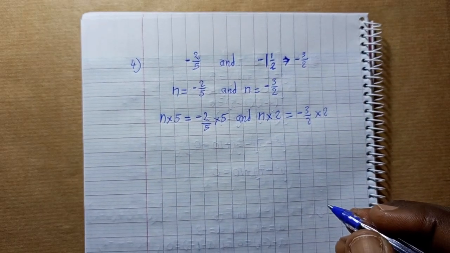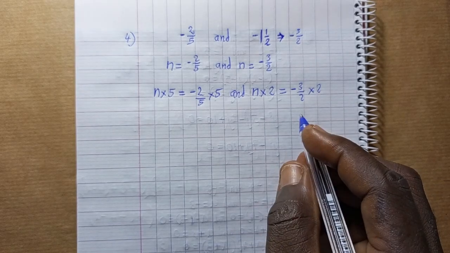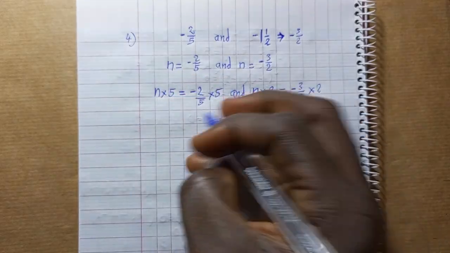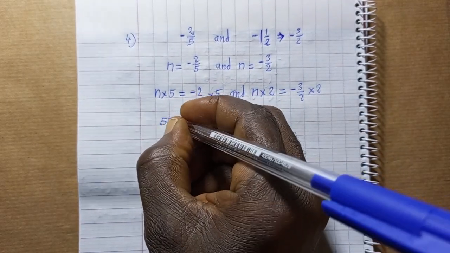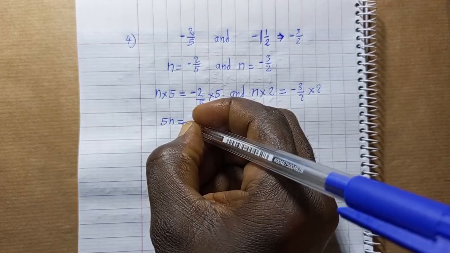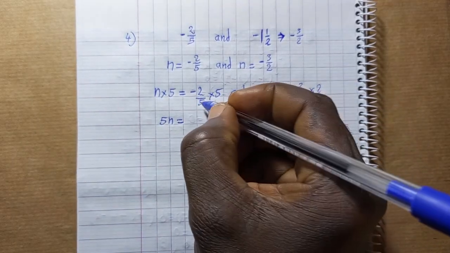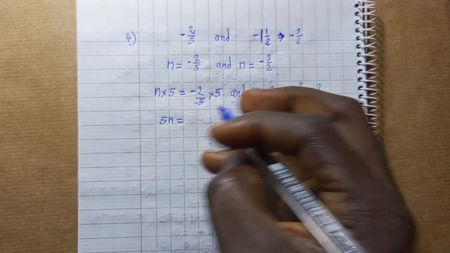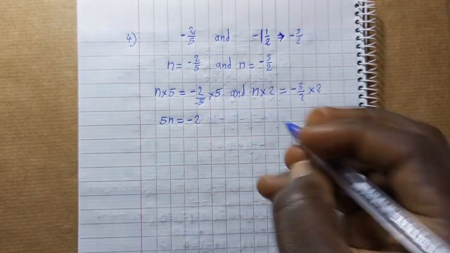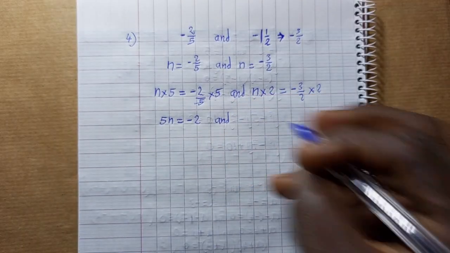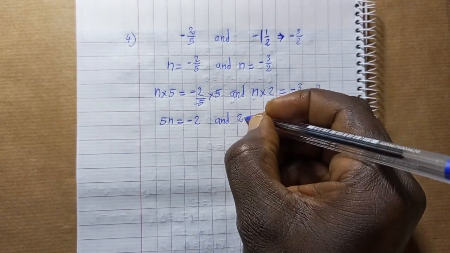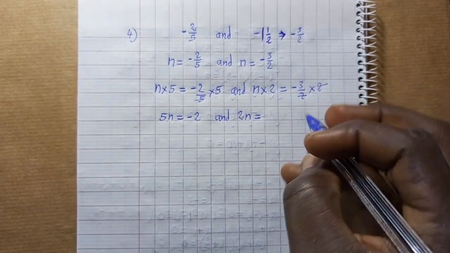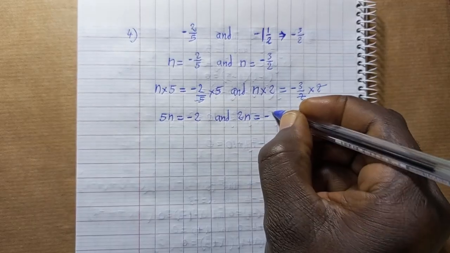So I've multiplied both sides by the denominators. So this one will give us n times 5, that is 5n, is equal to, here we cancel out 5, so it remains minus 2, and n times 2, that is 2n, is equal to, we cancel out 2, so it remains minus 3.